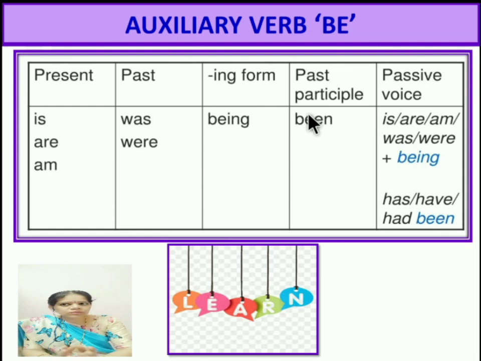Past participle will be indicated by using the helping verb been, B-E-E-N. And passive, we're not right now actually concerned, but let's just have a piece of knowledge at the back of our mind. Is, am, are, was, were plus being will indicate the passive form of the sentence, and has, have and had been will also indicate the passive form of the sentence.